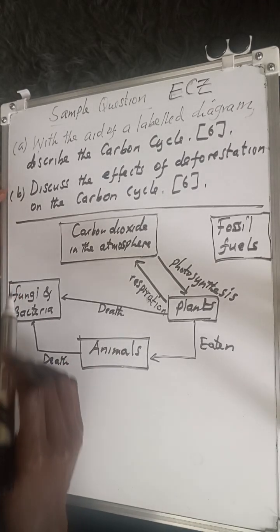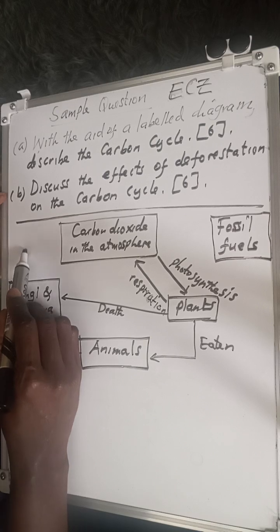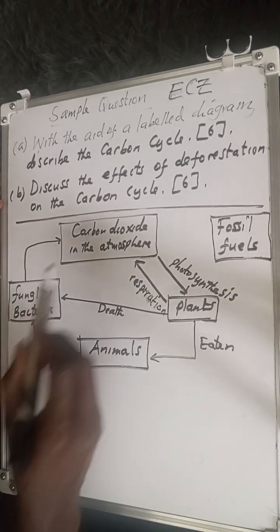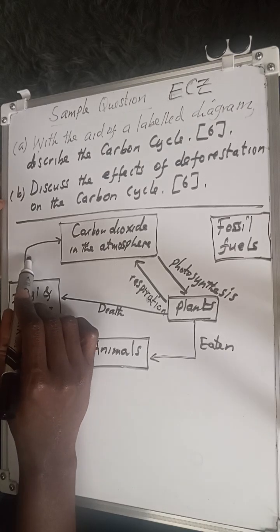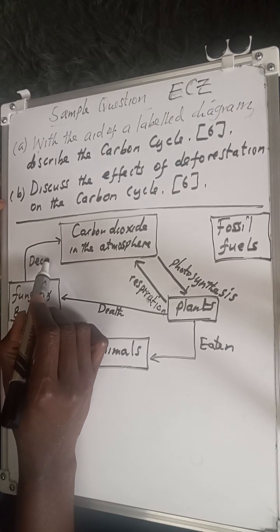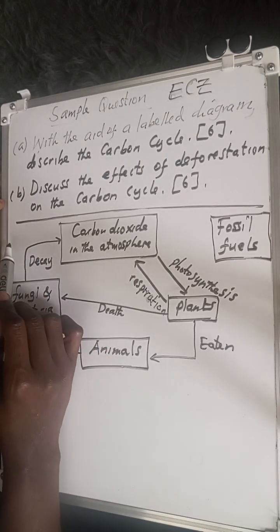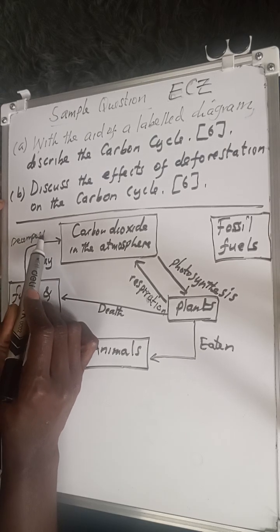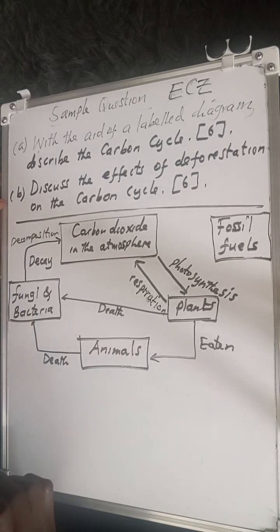They'll start decomposing them. And that will help to return the stored carbon in plant and animal bodies back into the atmosphere. So there, if you want, you can say it is decay, or you can basically say decomposition. So that is what is going to happen.